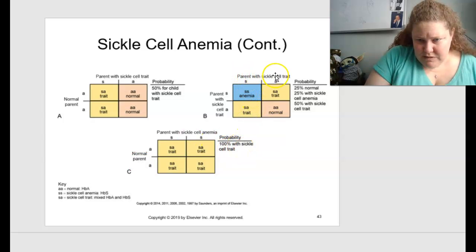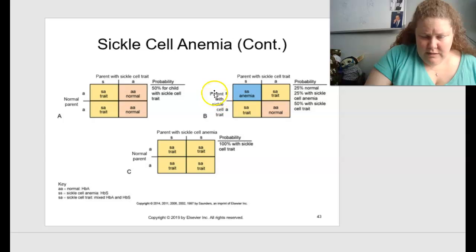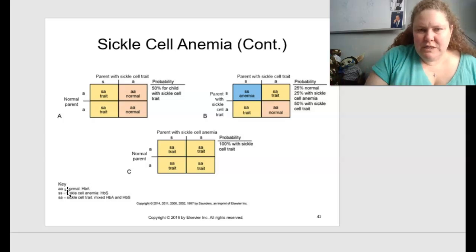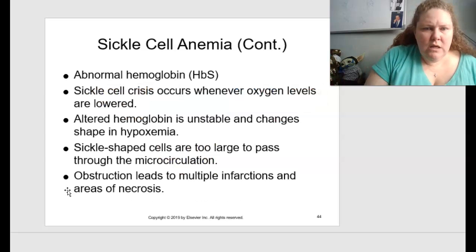And then if you have a parent with sickle cell trait crossed with a parent with sickle cell trait, then 25% of your children would be normal, 25% would have sickle cell anemia, and 50% would have that trait. So again, from those Punnett squares, set them up and then carry the top down and then the side over and then interpret using the key. We covered this a few lectures ago, or else I'd go into more detail.